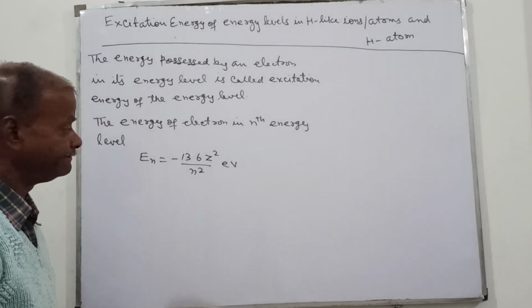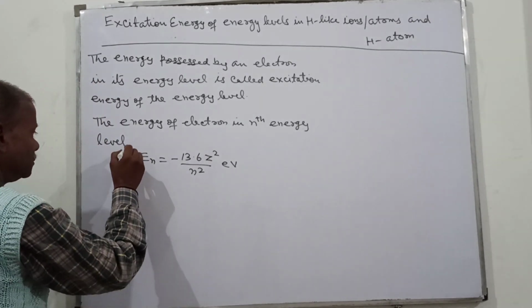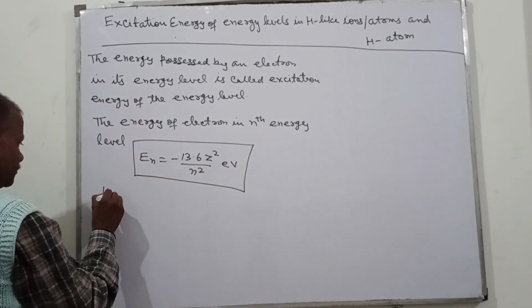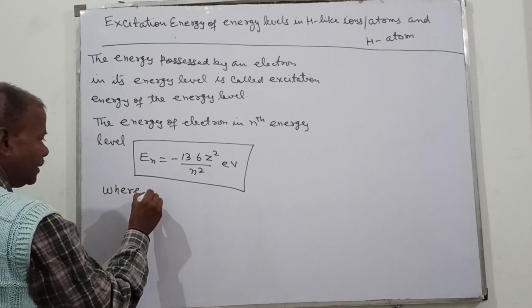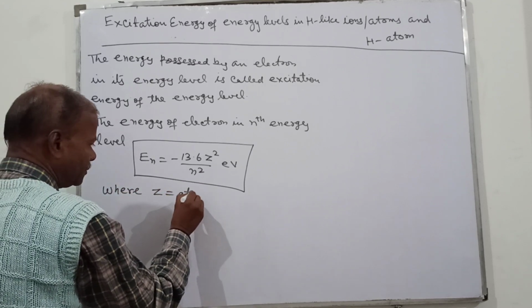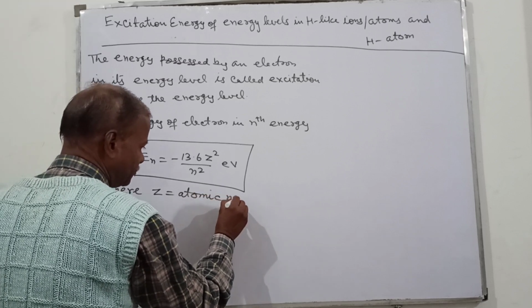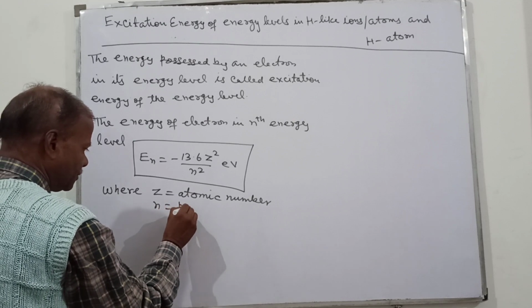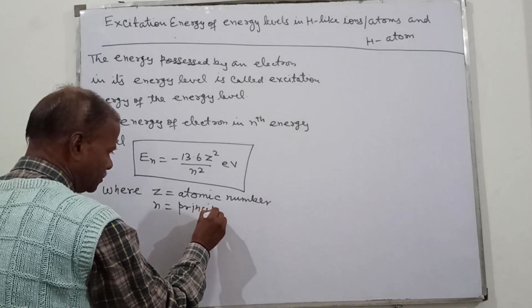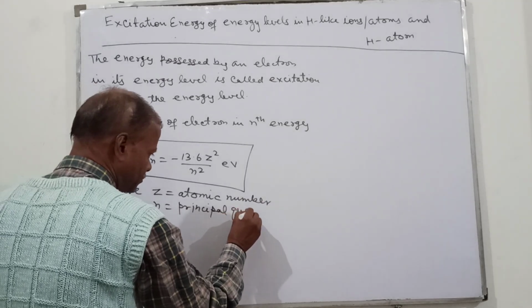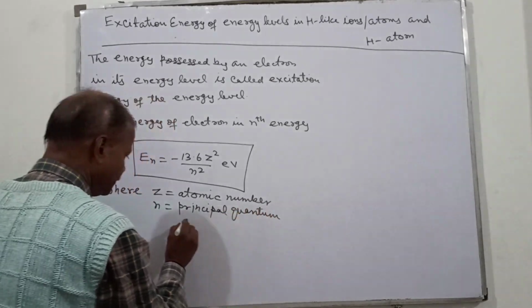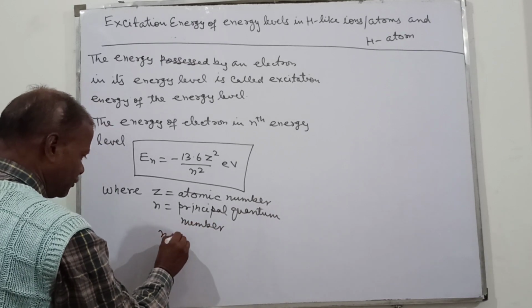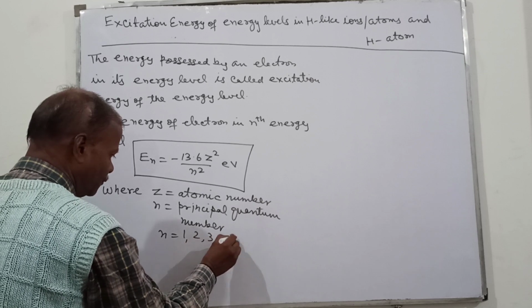This is the energy, where Z equals the atomic number and n is the principal quantum number, and n equals 1, 2, 3, 4, 5 and so on.